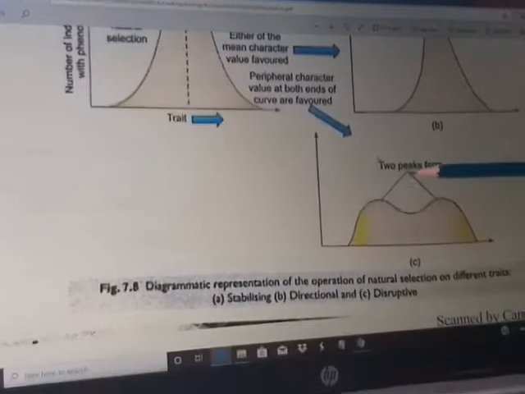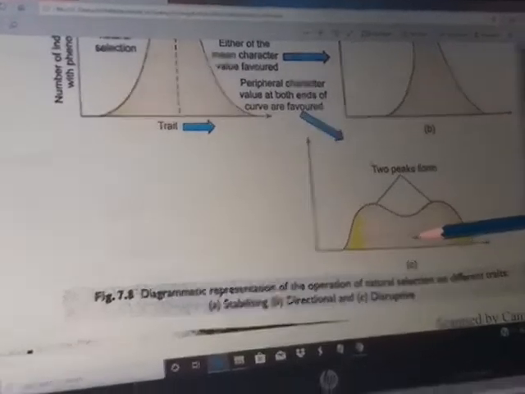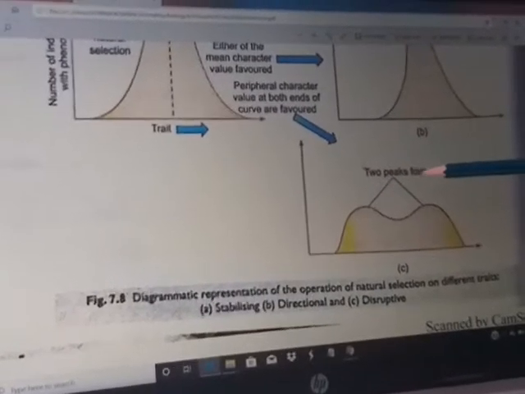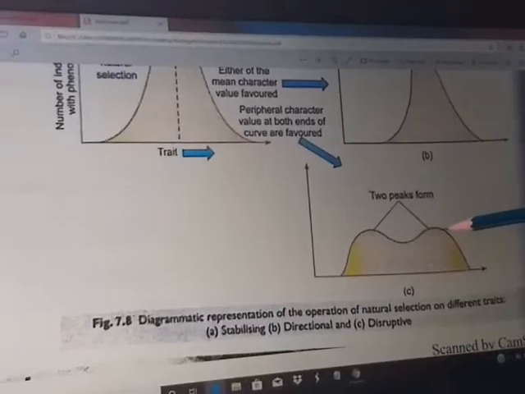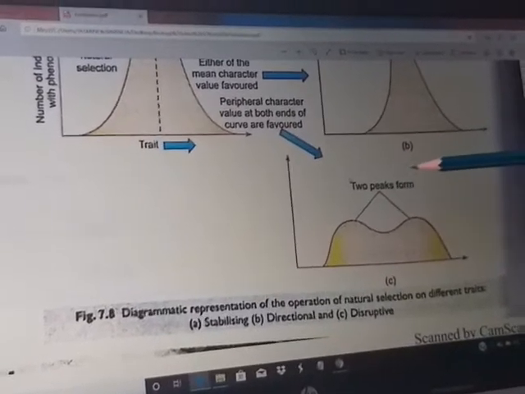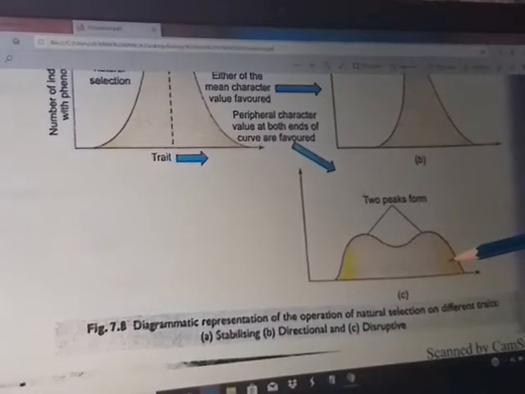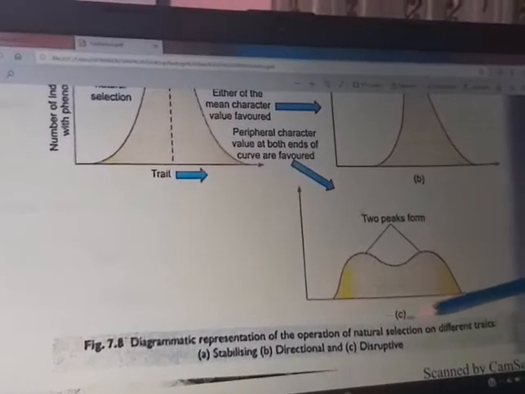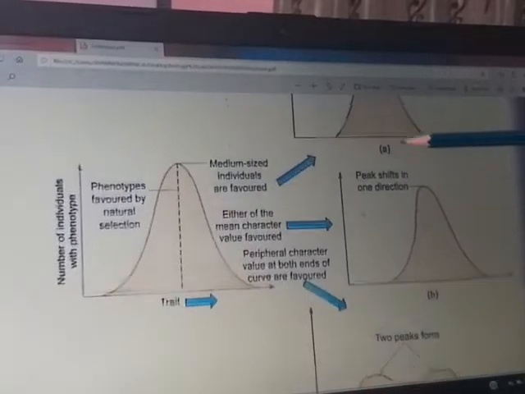So we are showing three ways how natural selection operates on different traits. I have just given the example of height. There can be any trait, but the concept is about natural selection.